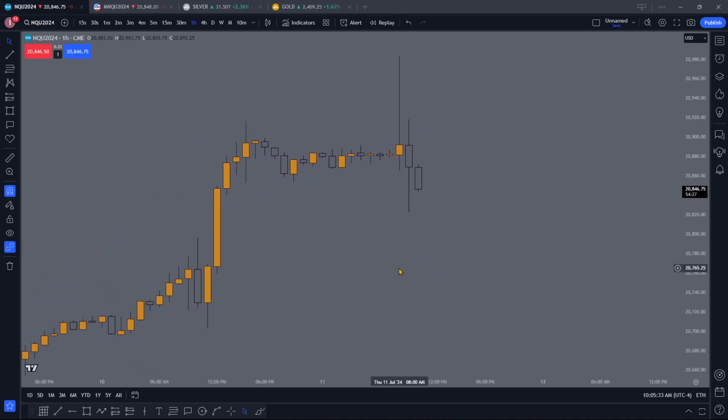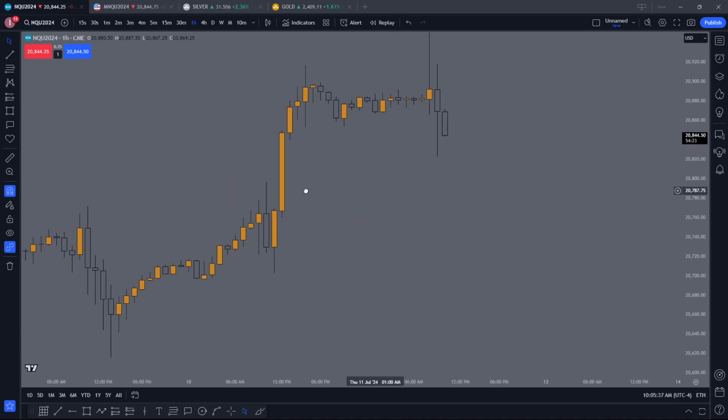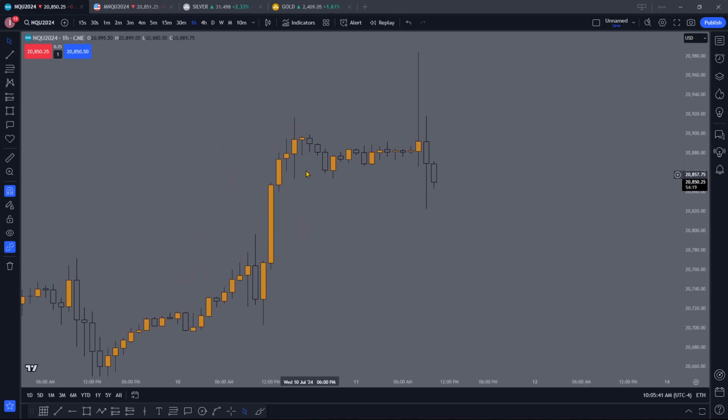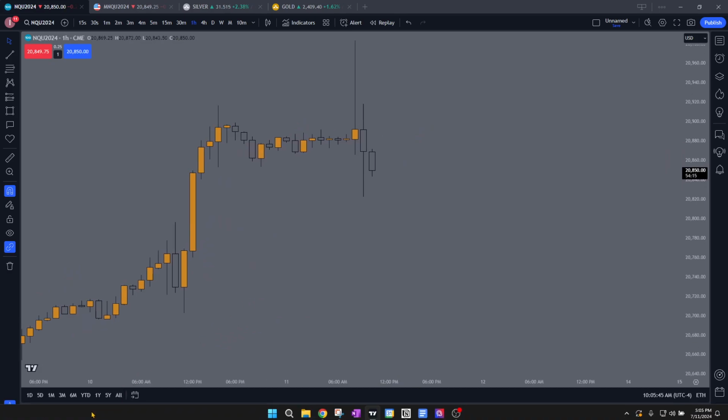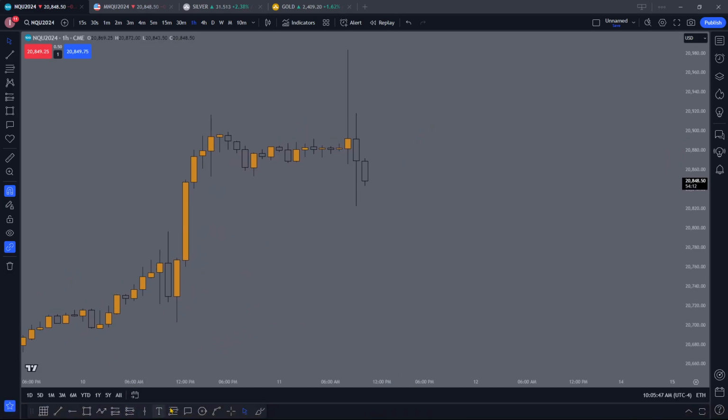But let's go down to the 1-hour, finding more prominent ranges. So what I see here is accumulation, possible manipulation lower, previous range.